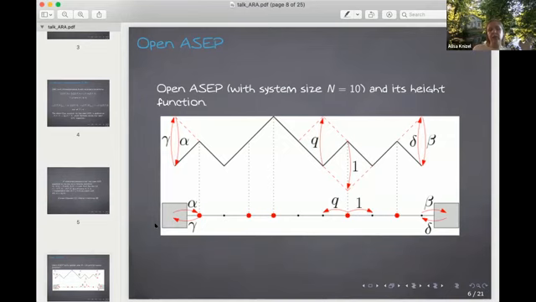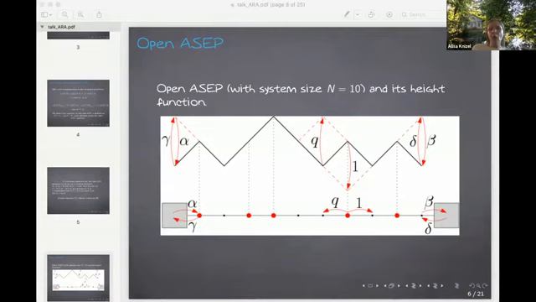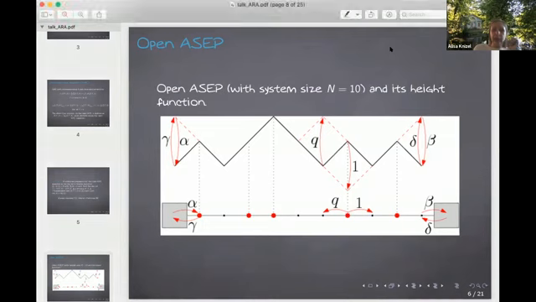A particle can jump only by 1 to the left or right, and only if the nearby site is unoccupied. All these parameters represent rates with which the particle is jumping, and all the moves are done according to independent exponential clocks. This is the description of the dynamics for the open ASEP.